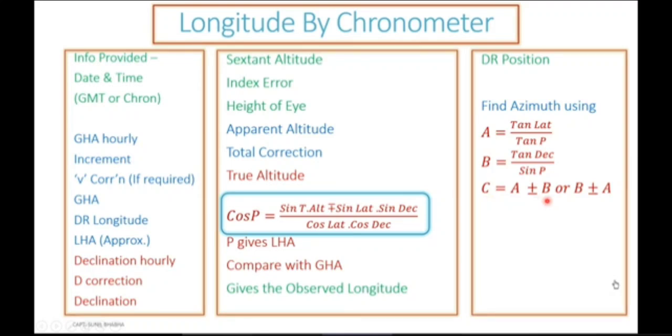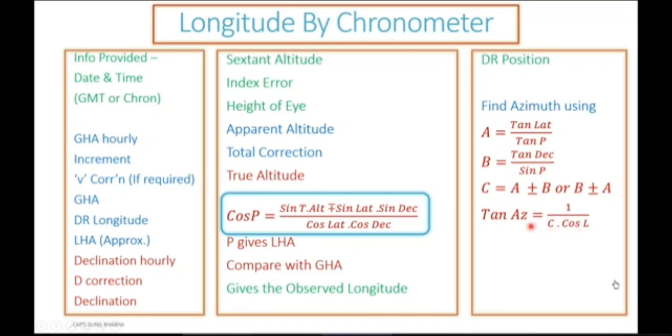If they are both of the same name, both are added up and the name is retained. And if they are of opposite names, then the smaller value is subtracted from the bigger value and the name of the bigger one is retained for C. Once C is obtained, we put it into the formula of tan azimuth is equal to 1 by C into cos of latitude. So we have the value of C now obtained from A and B, and we have the latitude which is given to us in the question.